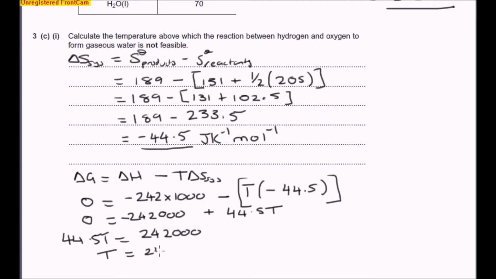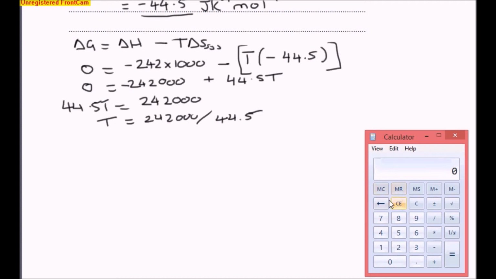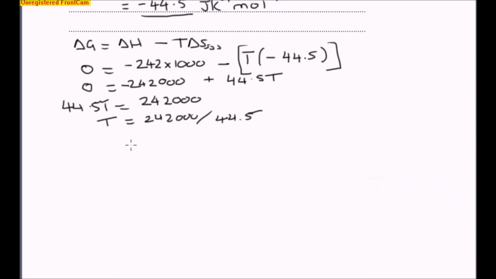If I now divide by 44.5 on both sides, I end up with the value for T. So to finish off, I get the value of 242,000, and if I put this into my calculator, 242,000 divided by 44.5, and I get the value 5,438. So I can put that down as my final answer. T equals 5,438 Kelvin.